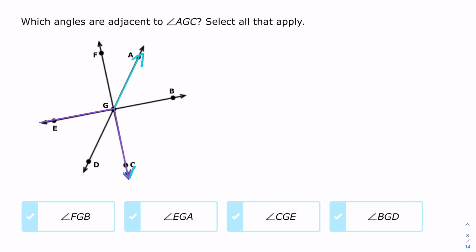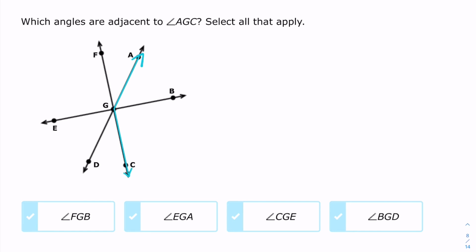See how they're both moving with me, both the blue and the purple? It's because they share a common ray and a common vertex, the vertex being G. So as long as I have the letters AG as part of it or GC as part of it, then I know I'm dealing with adjacent angles.